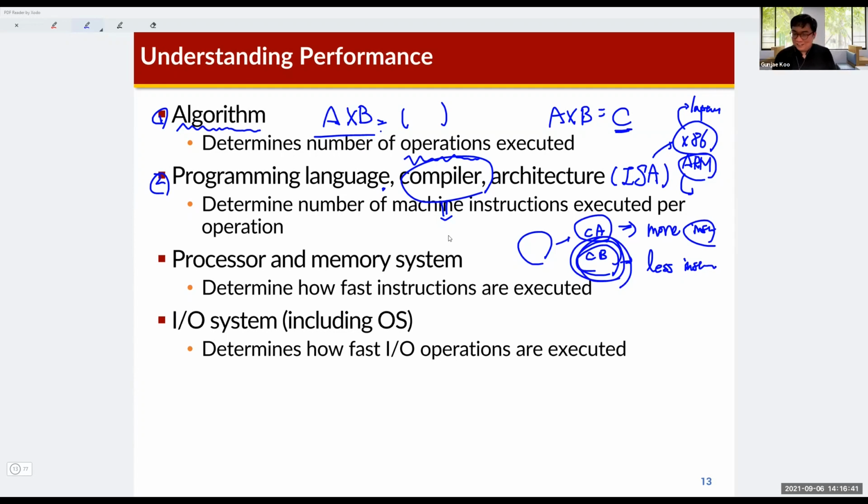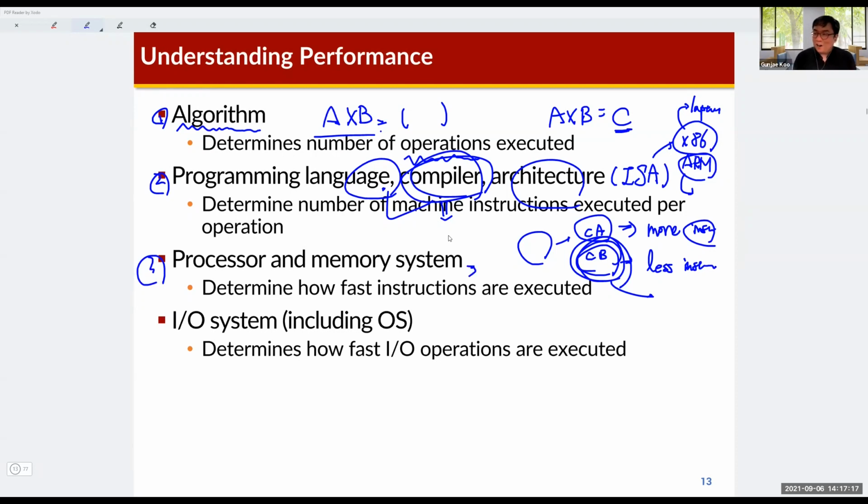But usually this compiler will be faster. So the programming language, compiler, and instruction set architecture also decide the performance. These parts are the kind of software, and architecture is the interface between software and hardware. Okay. Third, processor and memory systems.